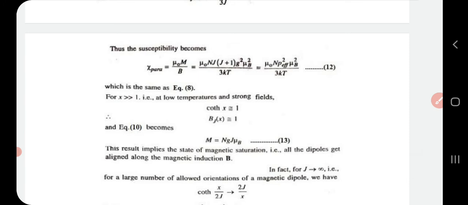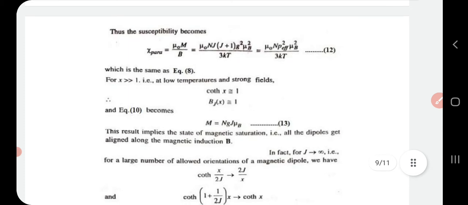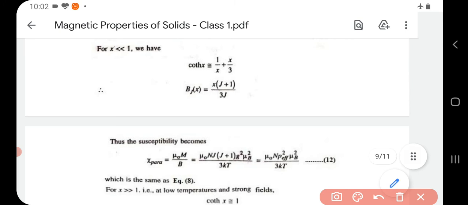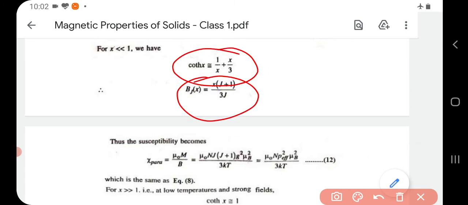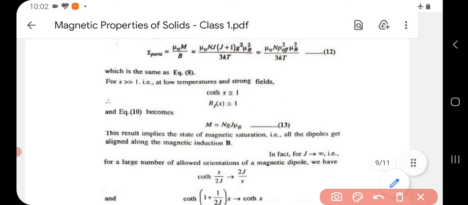Now for x very large compared to 1, that is at low temperature and strong field, what happens? Coth x is approximately equal to 1 and B_J(x) will be equal to 1. When x was very small compared to 1, what was it? Coth x was 1 by x plus x by 3 and B_J(x) was x into (j plus 1) by 3j. Okay, now when x is very large compared to 1, then coth x will be equal to 1 and B_J(x) will be equal to 1.